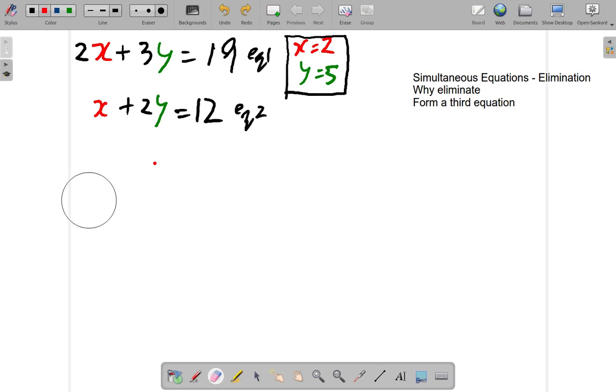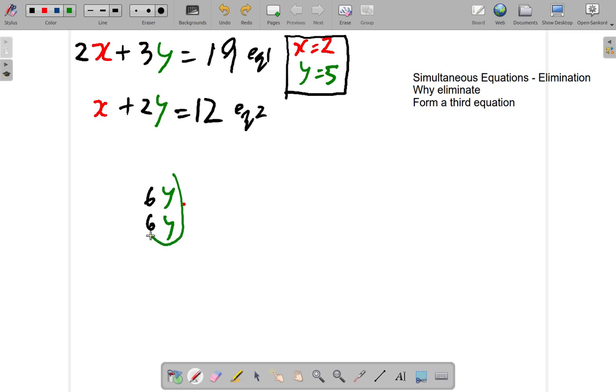If we could get a third equation, we could get a third equation with a 3y. But if we could get a third equation with the same y's, for example, if you have a 6y, but then we could also get a fourth equation also with a 6y.